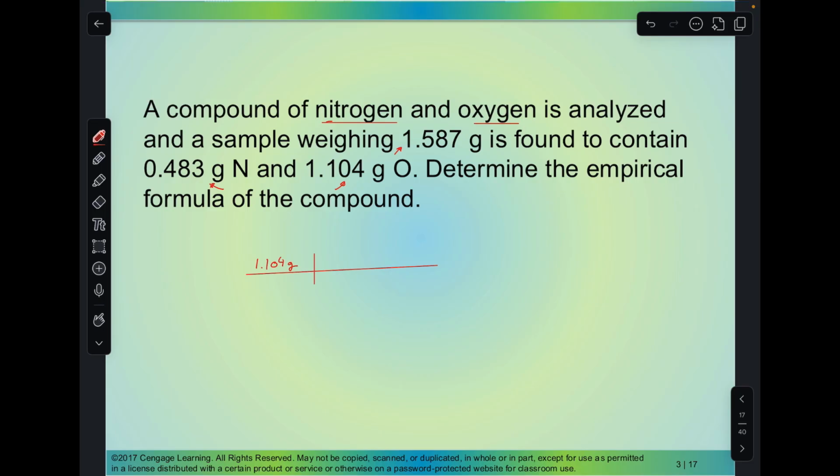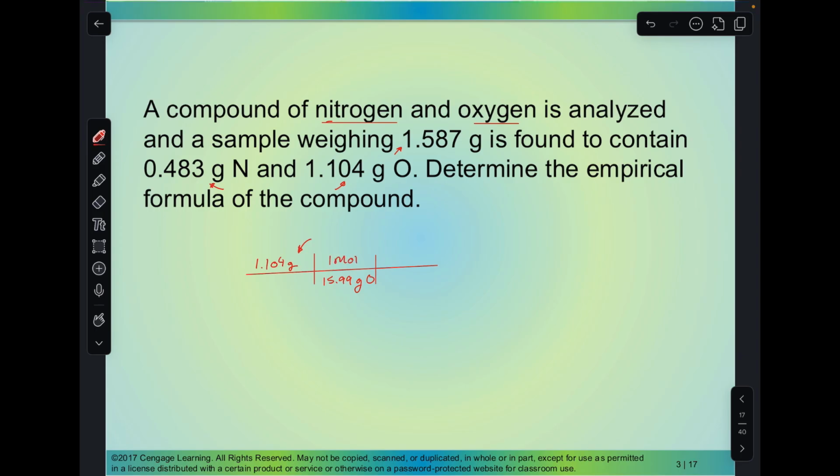So 1.104 grams is where you can use the molar mass. Note now that I'm putting the grams on the bottom, and that is because I need to cancel out these units. But we also have this line in between. We can treat that kind of like an equal sign. We can say that for every 15.99 grams of oxygen, we have 1 mole of oxygen.